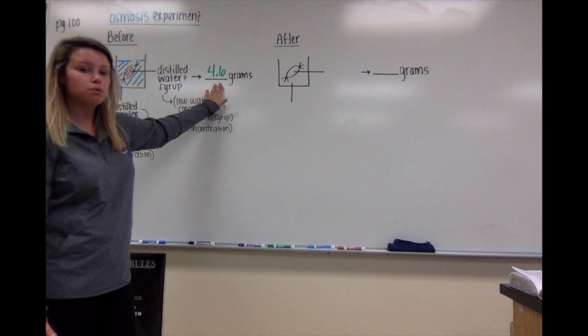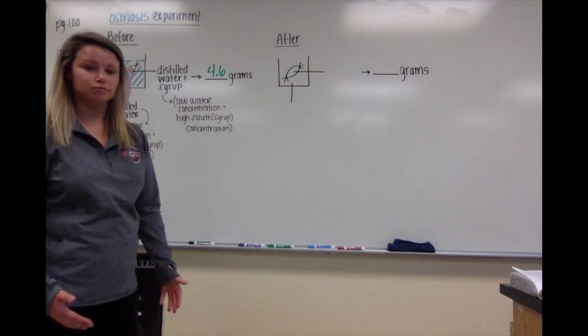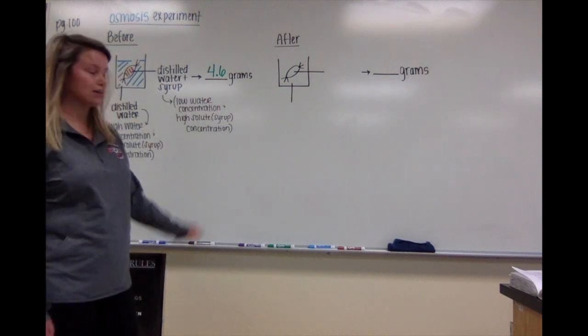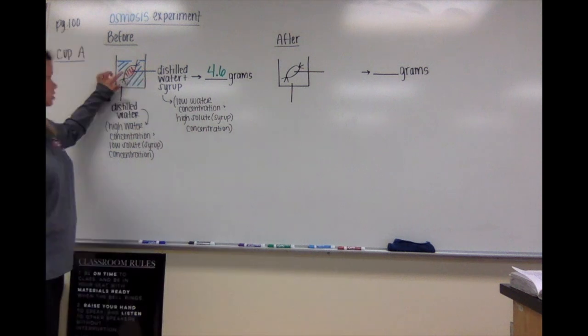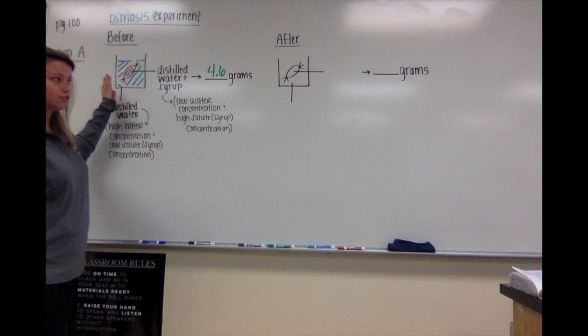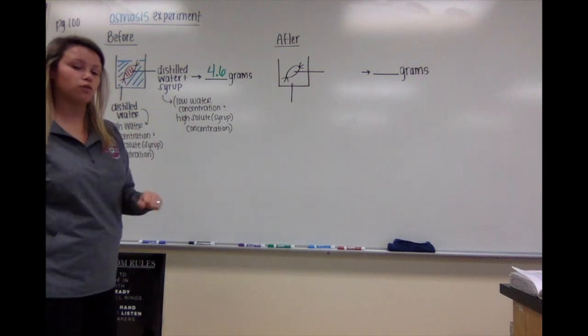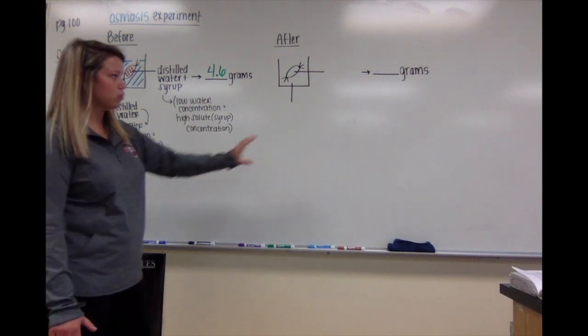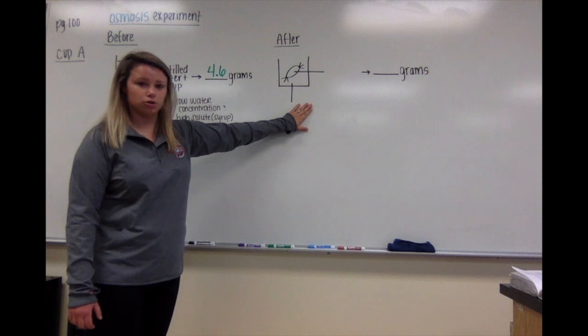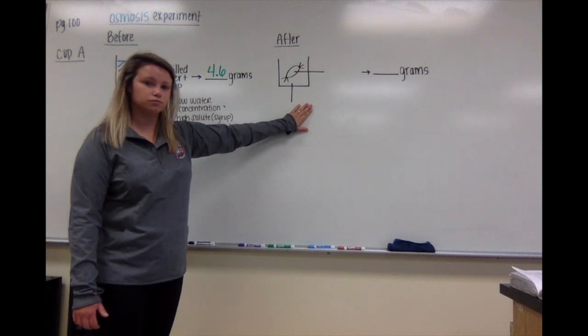So, at the beginning of class today, you took the mass of your syrup bag after it had been sitting for 24 hours. So now we're going to fill in the after portion of our notes.